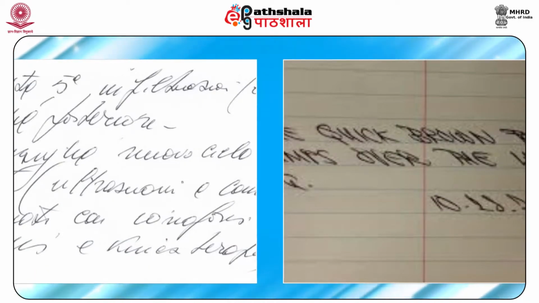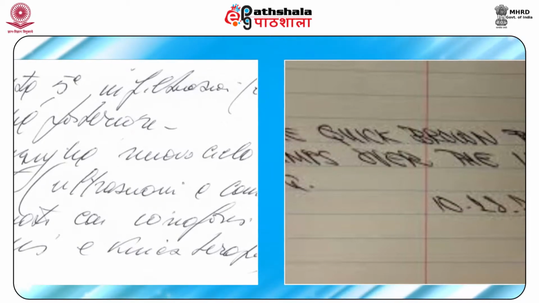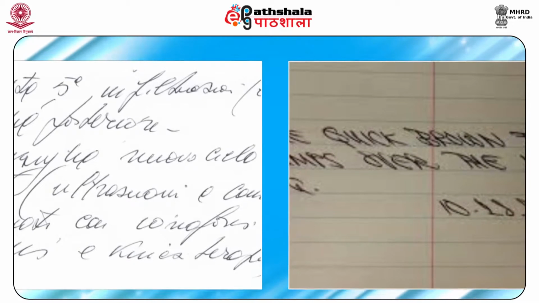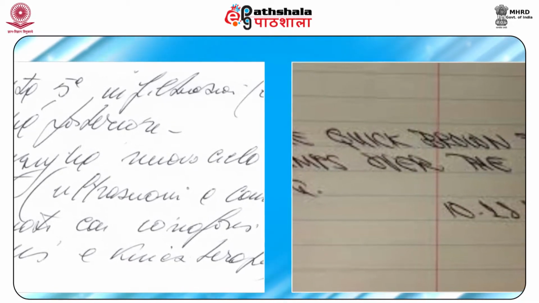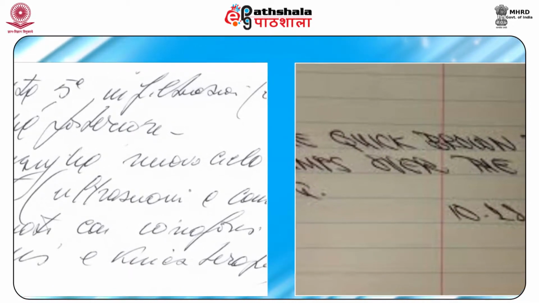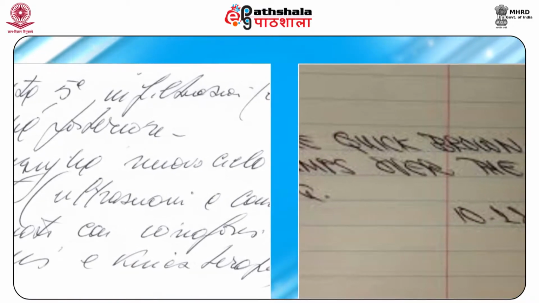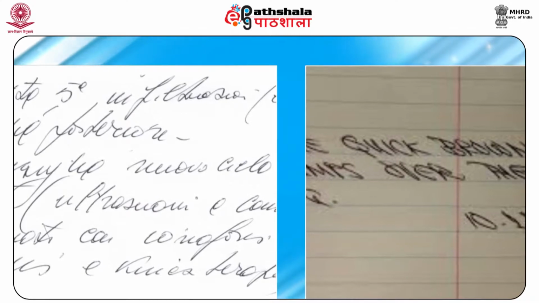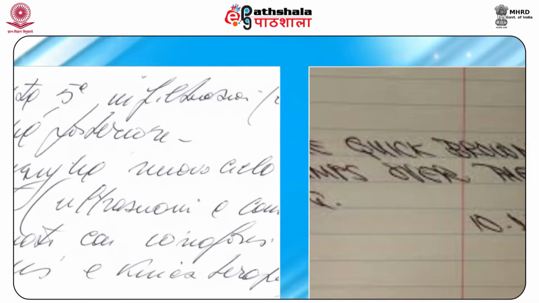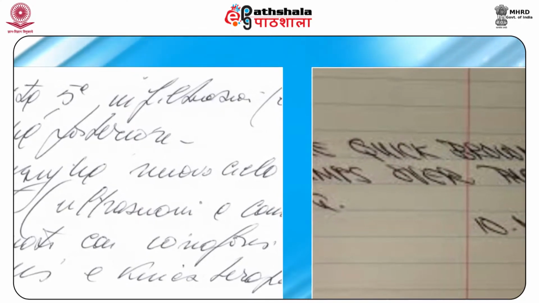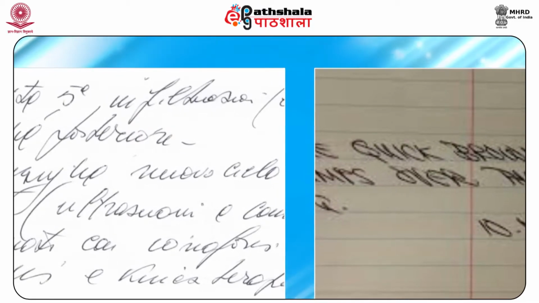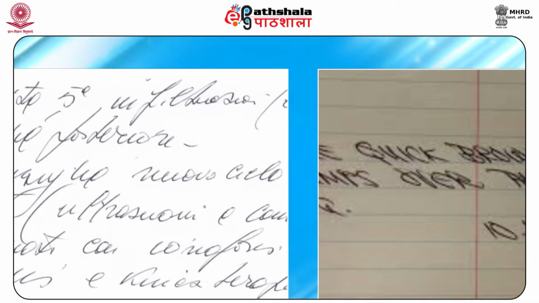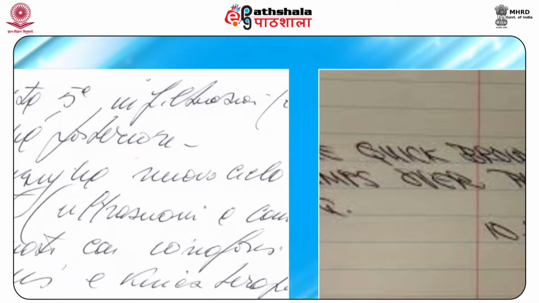When the difference in slant in two writings of considerable length is slight, that is not more than 10 to 15 degrees, and this difference is consistently maintained, then this points towards the non-identity of writing and not disguise.